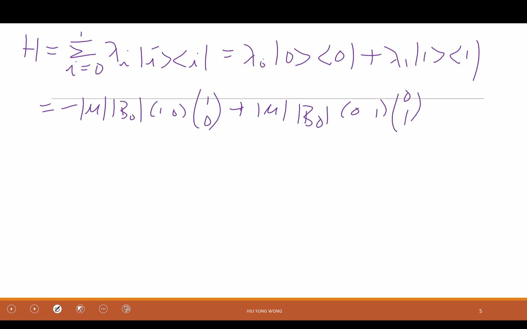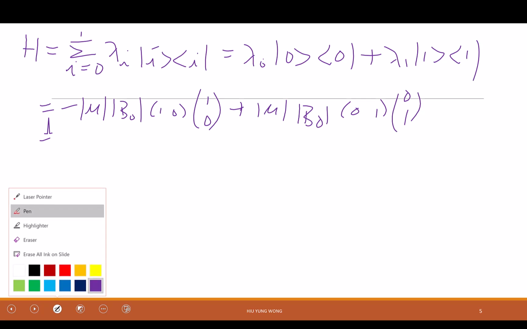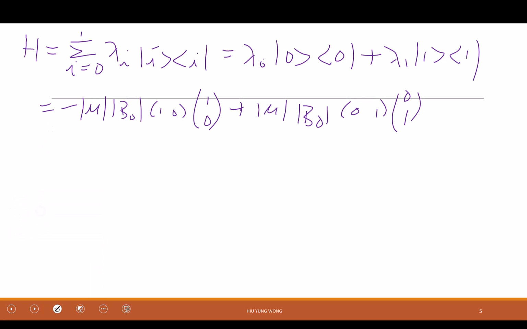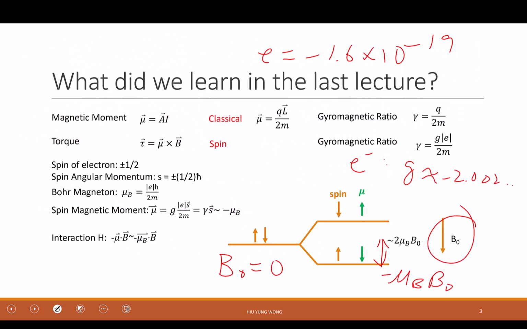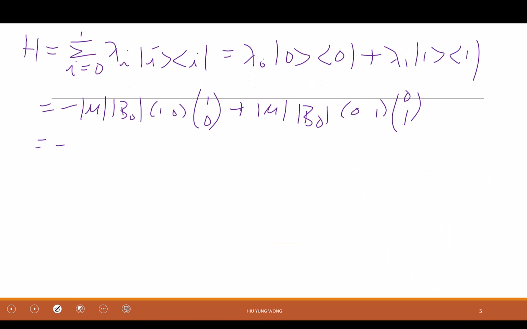Okay? But now I want to do the substitution first. What is this mu? Mu is approximately equal to negative the Bohr magneton, e h bar divided by 2m, and then B0, which is a positive number.